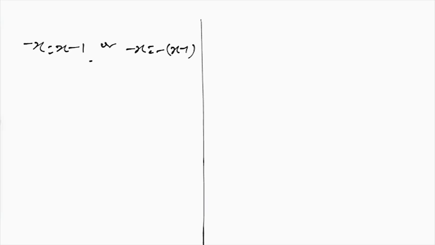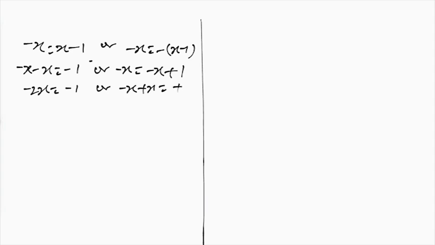We have minus x equals minus 1, or minus x equals minus x plus 1. Of course, if you look at this, you know that this also does not have a solution, so we don't need it. We have minus 2x equals minus 1, so this is out, you can see that it does not have a solution. But from here, we say x equals 1. So now we have one of the solutions.